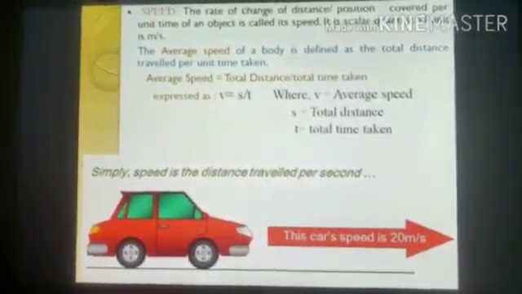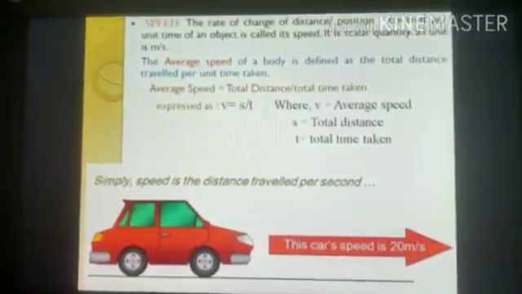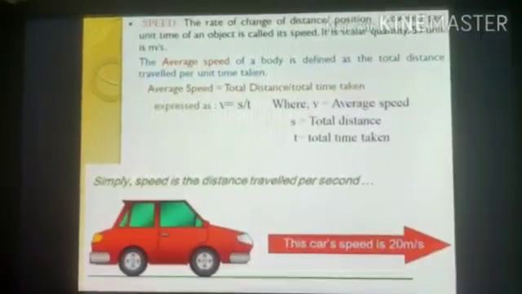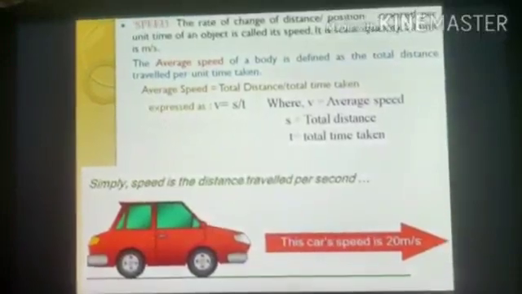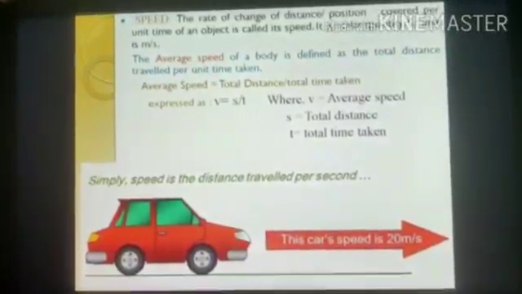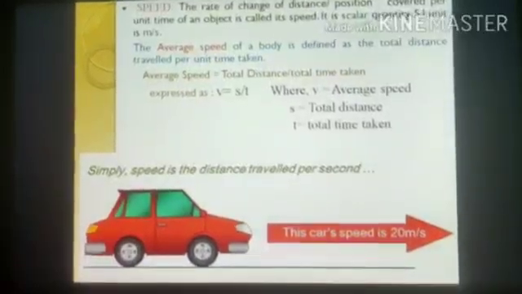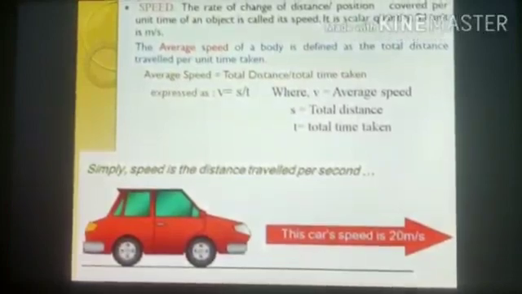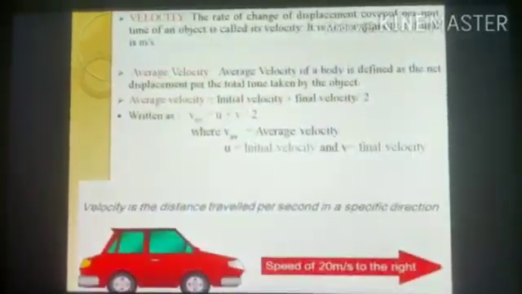It is expressed as V equal to S upon T, where V is average speed, S is total distance, and T is total time taken. I have given a small diagram to represent that. Speed is the distance traveled per second. So I hope you understand this concept.